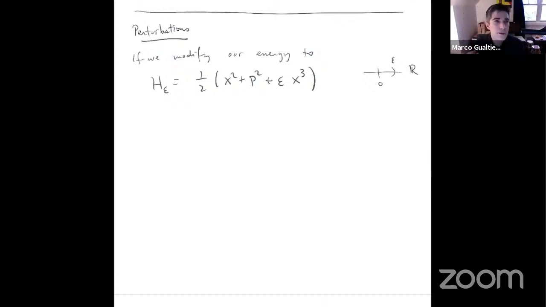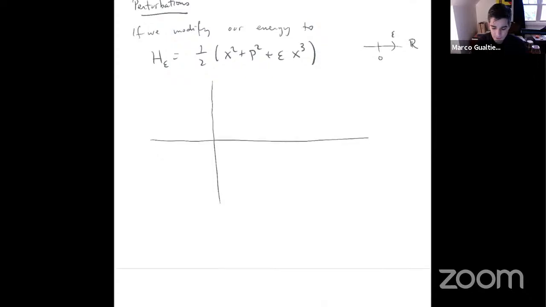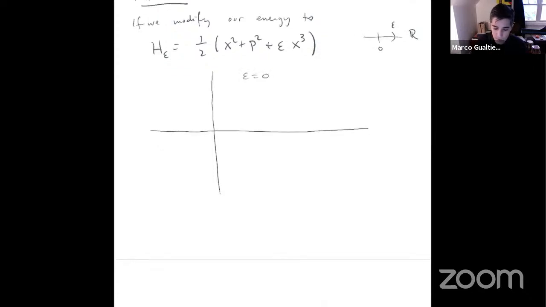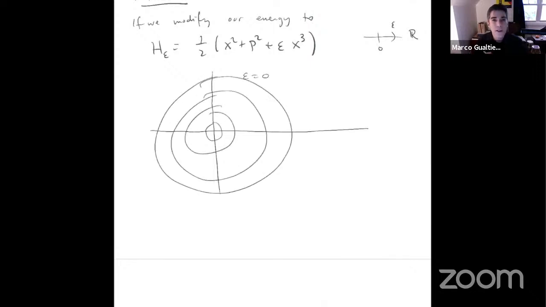And then you might say, well, what's going to happen to the motion? Well, the cool thing is that you could just figure out how the level sets are affected, right? So for epsilon equals 0, this is just x squared plus p squared. So the level sets are perfect circles, which I can't even draw.